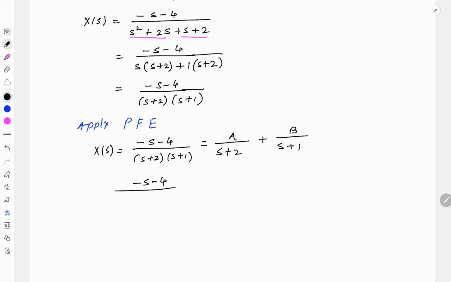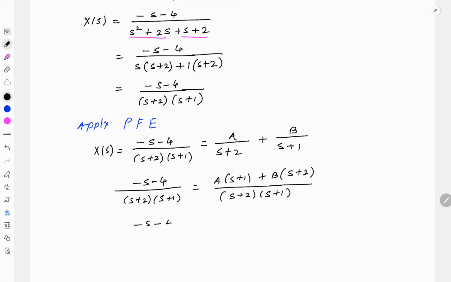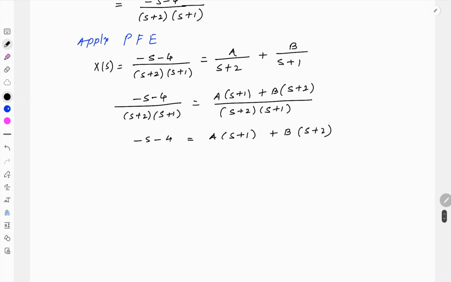Take cross multiplication on the right hand side, so A into s plus 1 plus B into s plus 2 divided by s plus 2 into s plus 1. Here the denominator terms are same, so we can cancel it. The remaining terms are minus s minus 4 is equal to A into s plus 1 plus B into s plus 2.